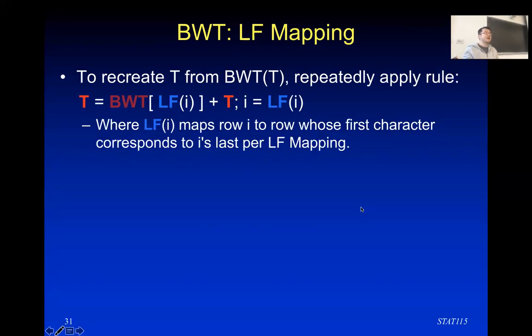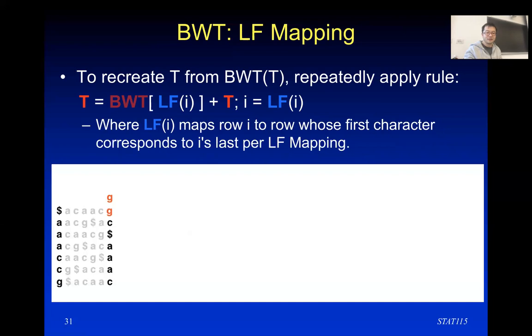So now let's see how we can use LF mapping to reconstruct the original genome by just using the last column, by just using the BWT. First step, since the dollar sign has the least lexicographic order, it's the first column.